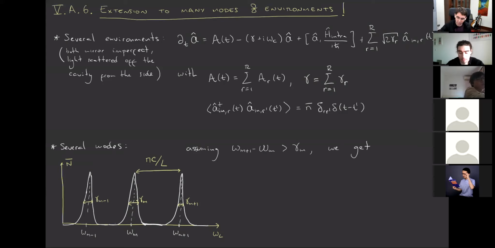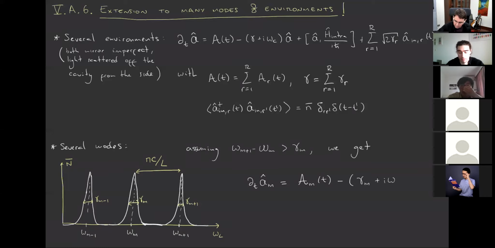What we will have is just that each cavity mode, each of them with an annihilation operator, will evolve according to some driving, whatever lasers we are sending around that cavity frequency, minus then the damping term that is different for each cavity mode in general.